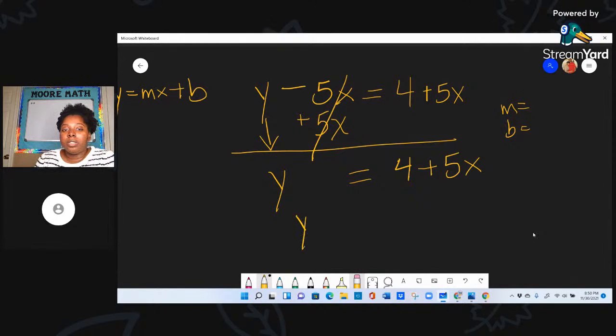Y equals 5x. Keep going. Plus 4. Yeah. You see it? Okay. So what's m? 5. And what's b? 4. There we go. Okay. Let's try it again.